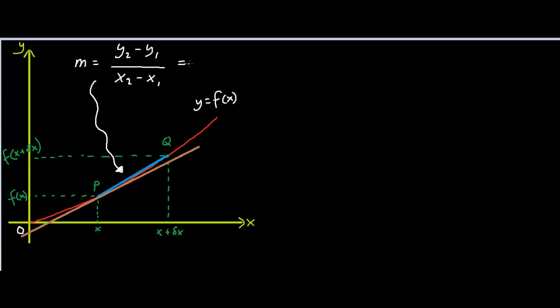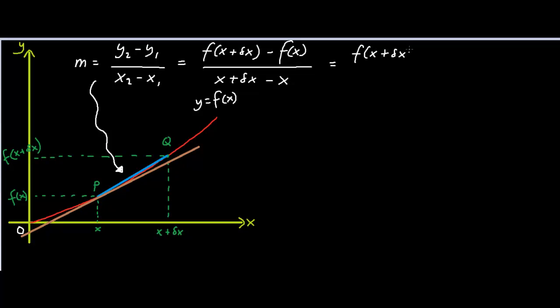So in this case, m would be f(x plus change in x) minus f(x) over x plus change in x minus x. And if we simplify this fraction, we get f(x plus change in x) minus f(x) over change in x.